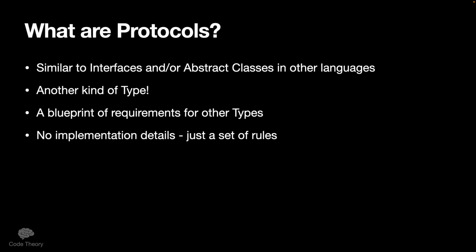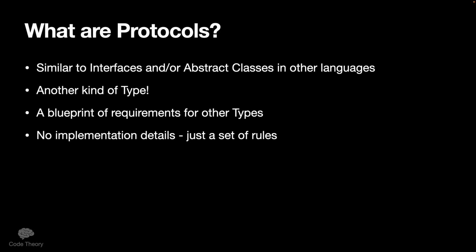So we have our function types and our reference types and our value types and all that stuff. And now we also have protocol types. We're gathering a collection of types like Pokemon. Got to catch them all. Protocols, though, if we want to talk about what they actually are, rather than the stuff around them, are a blueprint of requirements for other types.